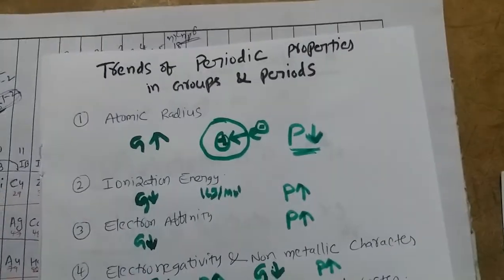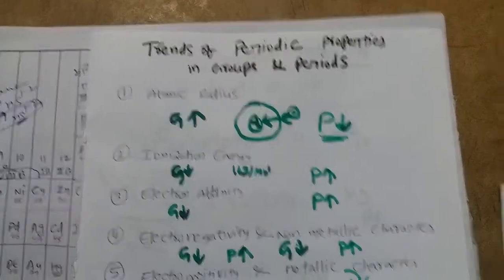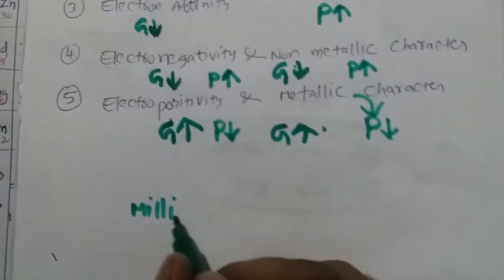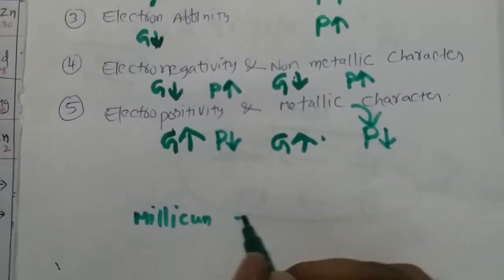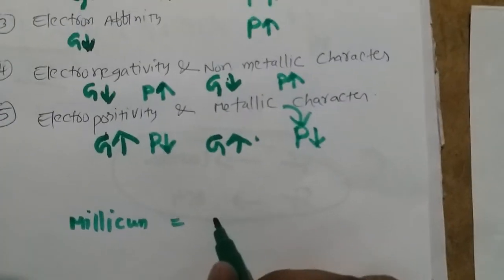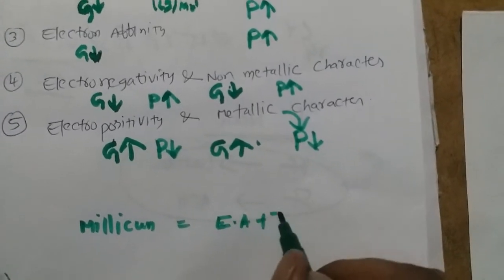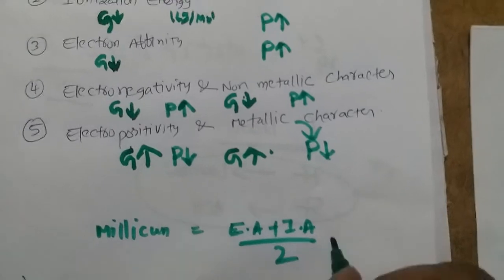Here one thing is that electronegativity according to Mulliken is equal to the average value of electron affinity and ionization energy.